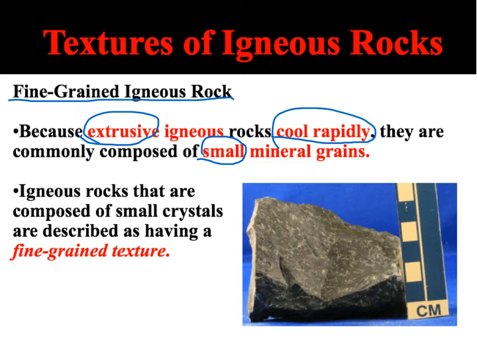That lava is cooling in the air, which is a lot cooler than it was underground, or in the water, which is also very cool compared to the temperature inside the ground. So small crystals are fine-grained, and fine just means small.